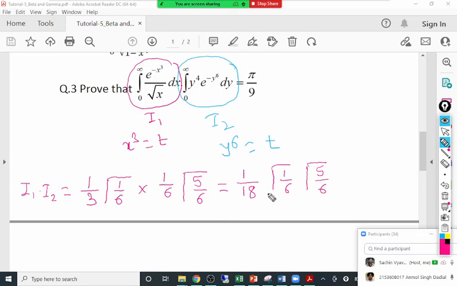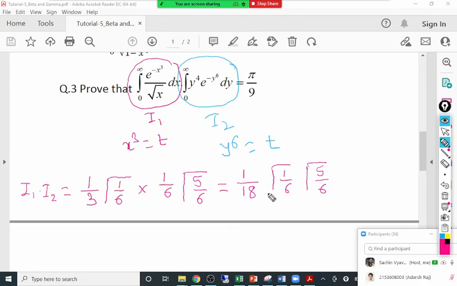Sir, I'm talking about 1 by 6 and gamma 1 by 6. Yes, you can write it that way, but you will get just gamma 5 by 6, so how will you reach pi by 9 there? Your thinking is correct, but that way we don't get the required answer, pi by 9.